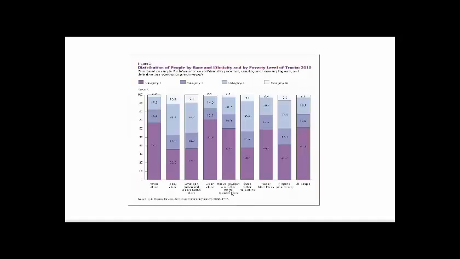So the higher the category, the more people live in poverty in that census tract. If you look at the experience of all people, most people live in a Category 1 tract, where 14% of people live in poverty. However, when you disaggregate this, there's a huge difference by race.